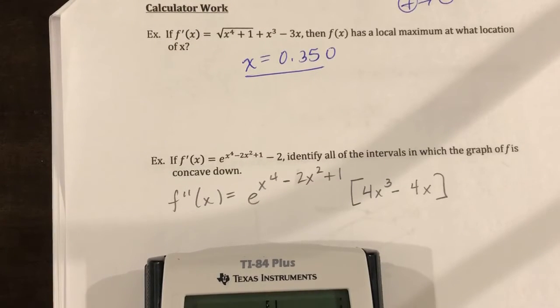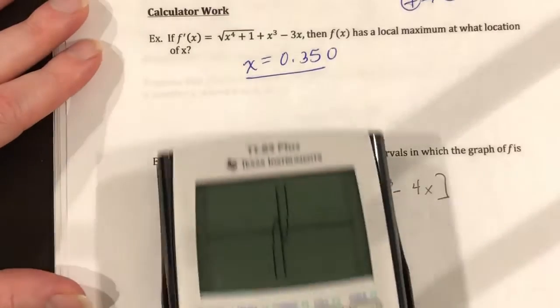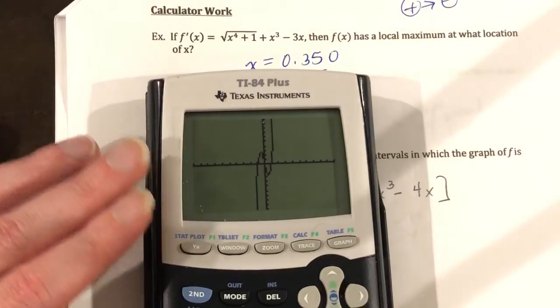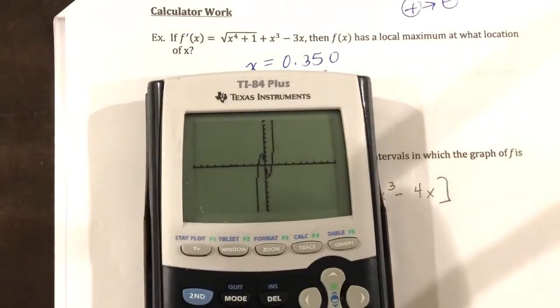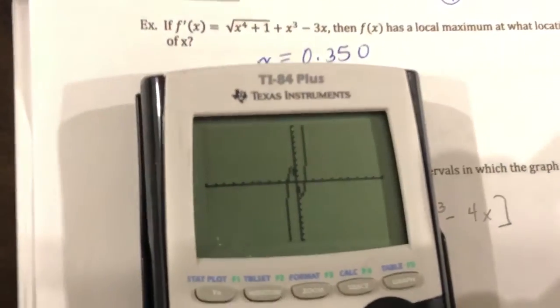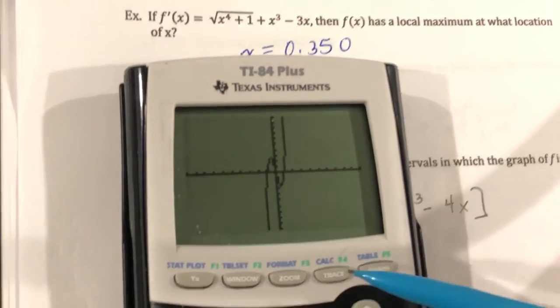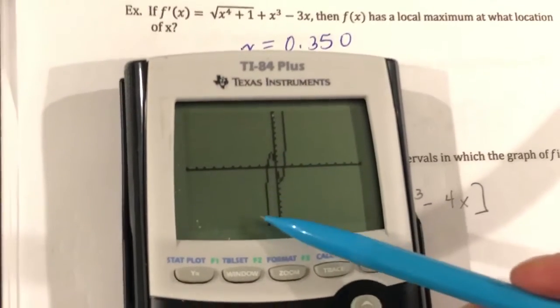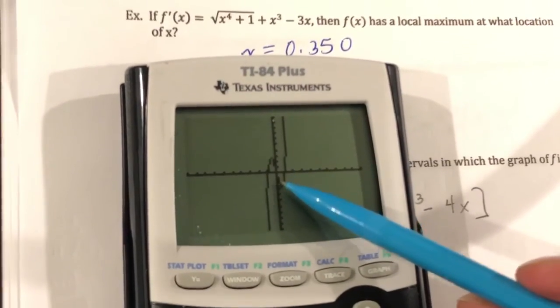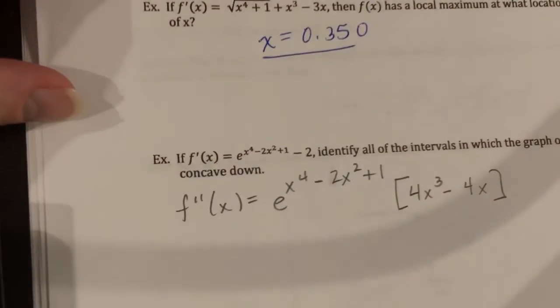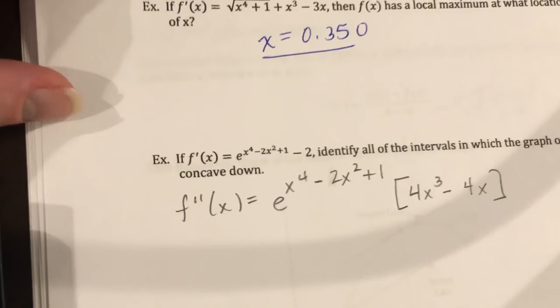It's concave down where we have negative y values. So it looks like we're going to have negative y values in this region right here and this region right here. So use your calculator, second calc, 0.